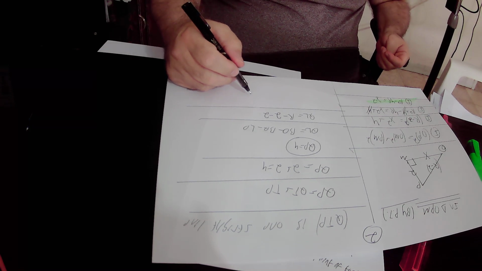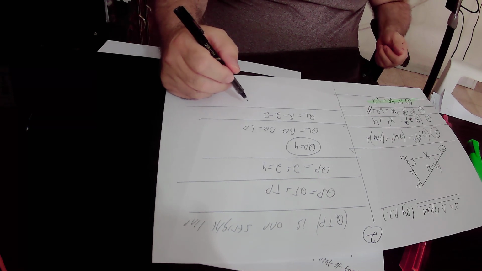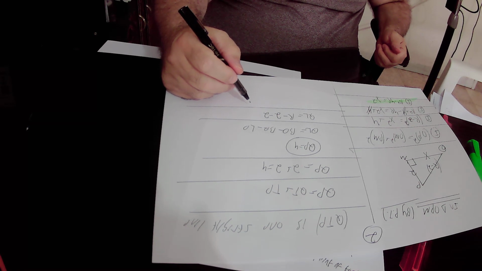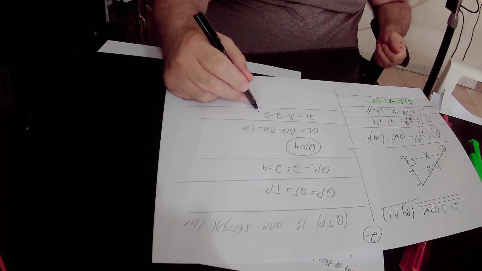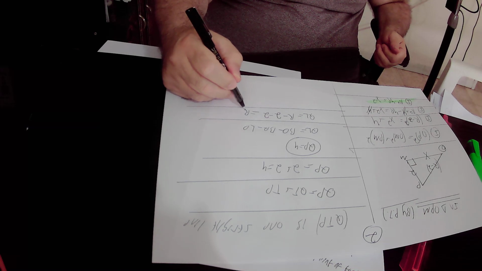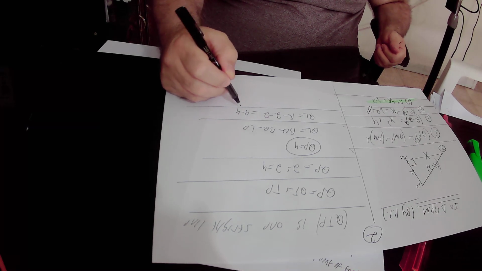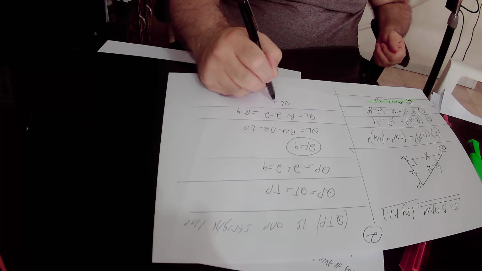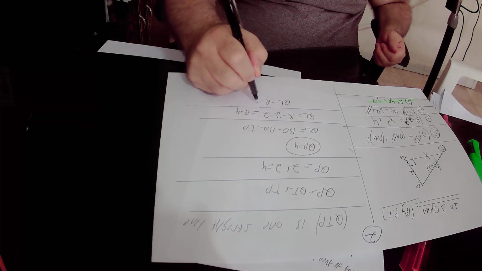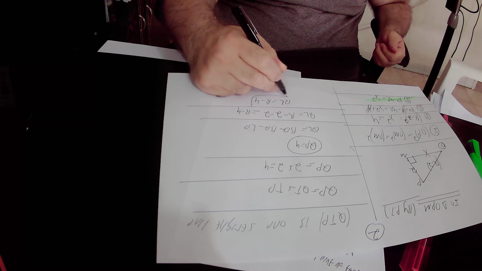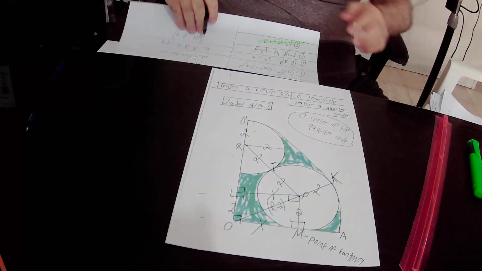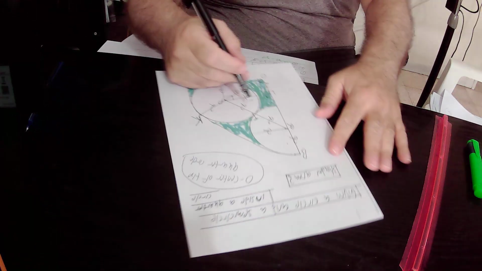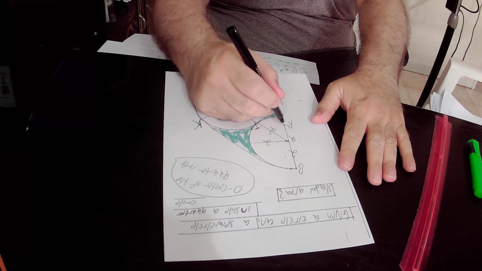So in conclusion, QL equals capital R minus 2, minus 2, that is capital R minus 4. So the length of line segment QL is capital R minus 4.